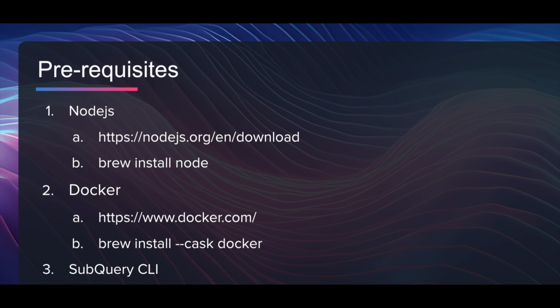Although you will have to have some prerequisites for your local environment. You will have to have Node.js installed. If you want to run locally, you'll need Docker. From the Docker container, Docker Compose will simultaneously launch 3 components. First is a Postgres database. Secondly, it's an indexer and node.